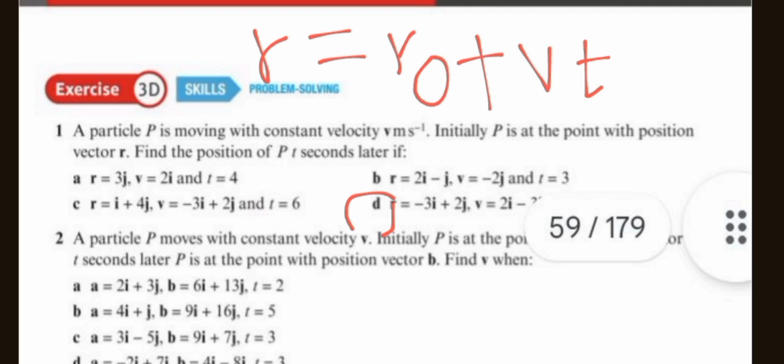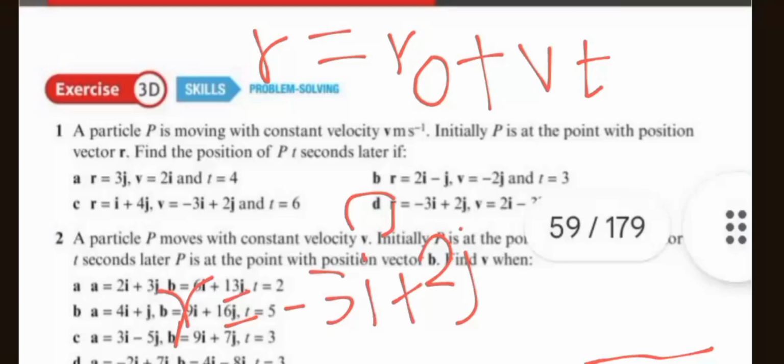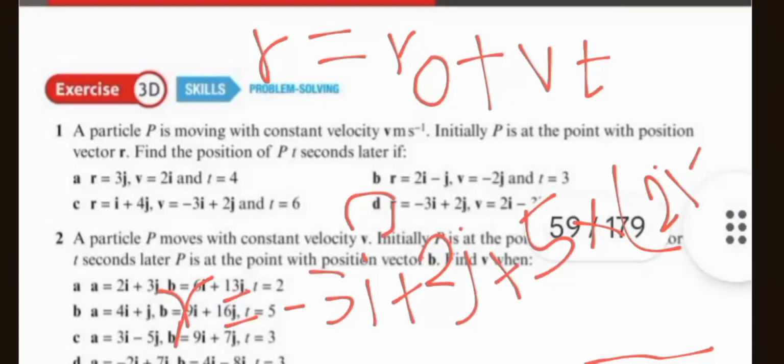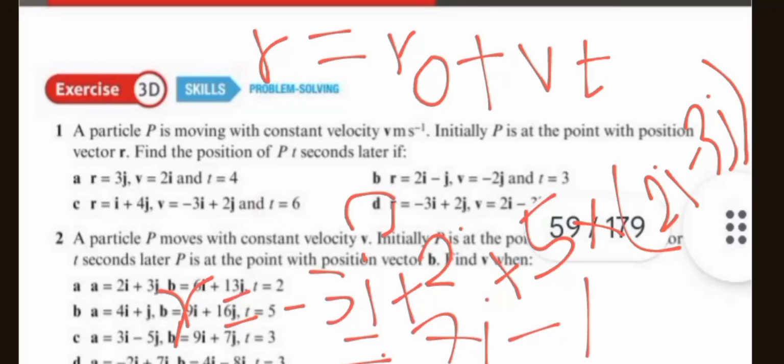So let's do number 10. So this one is 7i minus 13j.